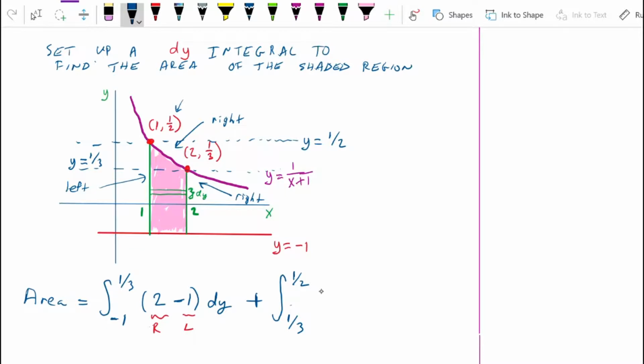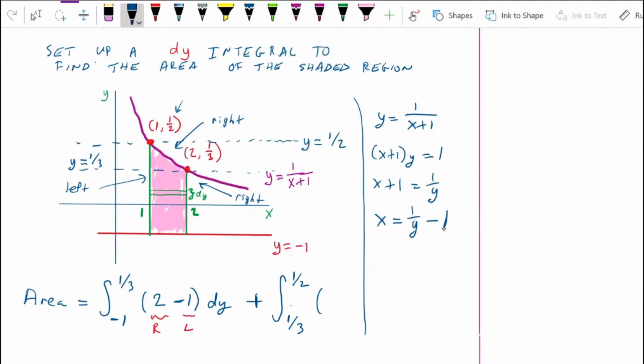So the problem is, since we have this purple curve, you might think that what I do here is write 1 over x plus 1, but of course that's not correct, because I need to have a curve in terms of y, which means that I need to take the original equation and solve for x in terms of y. So let's just write out the equation here, and then I'll do a whole bunch of algebra really fast.